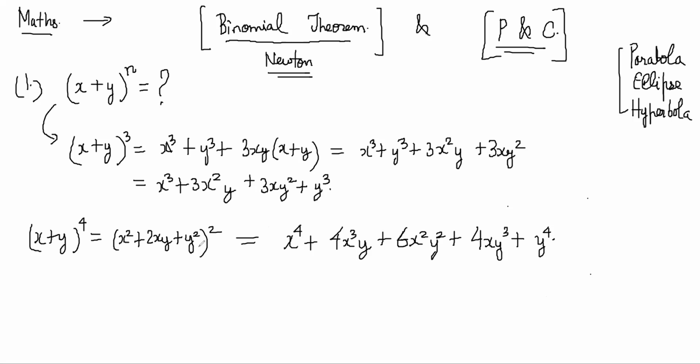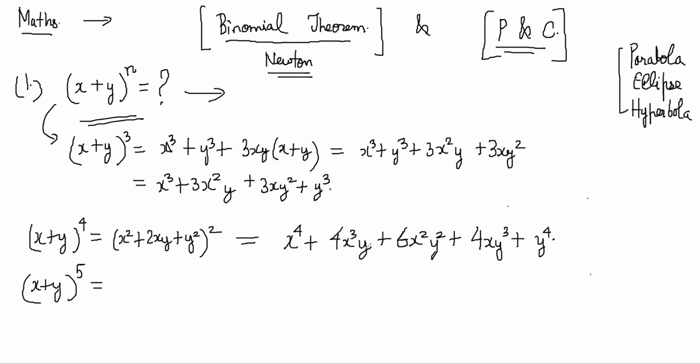This is what comes out of it. As you go ahead, it becomes more and more difficult to predict what will happen, right? So in general, this expansion is called binomial theorem.